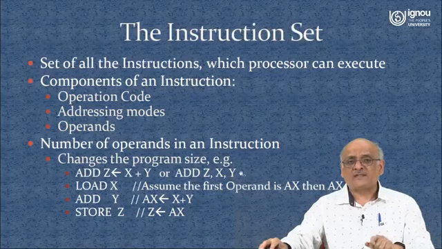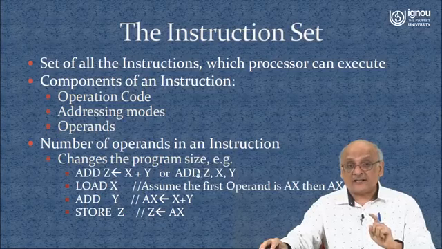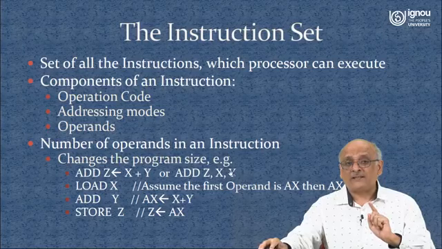So overall this instruction is going to be very, very large, but only one instruction is serving the purpose, where we are adding X plus Y and putting the result into Z. So only one instruction is required. This is the condition for a machine which allows us to have 3 such operands in a particular instruction.